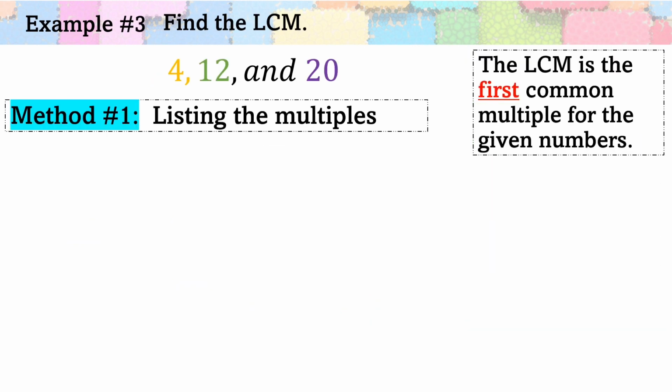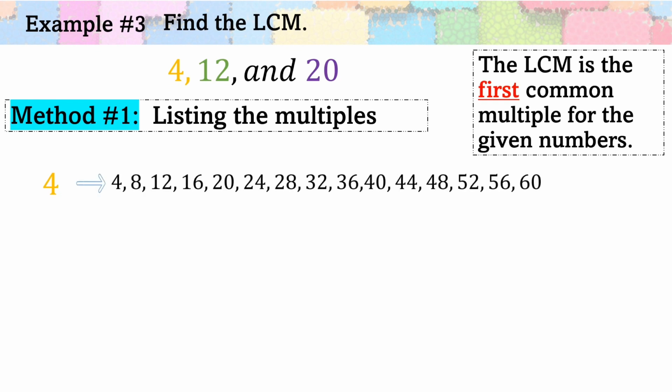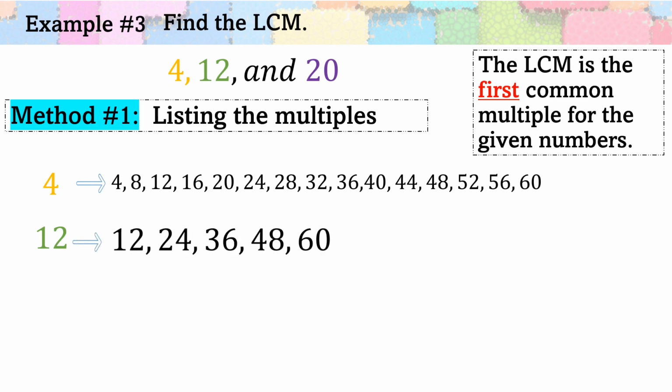Okay, another example. Let's start with method number 1. Find the LCM for 4, 12, and 20. So for 4, the multiples are 4, 8, 12, 16, and so on until 60. For 12, there are 12, 24, 36, 48, 60.